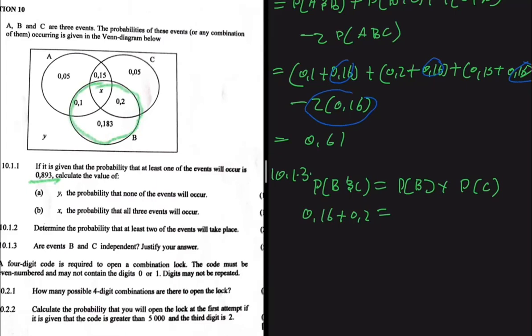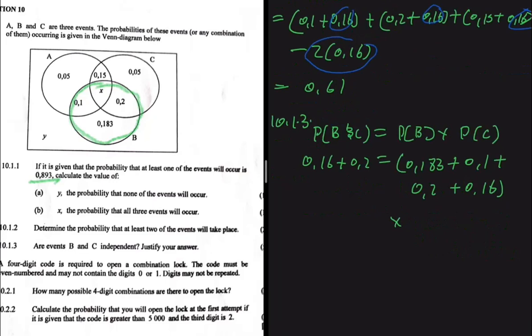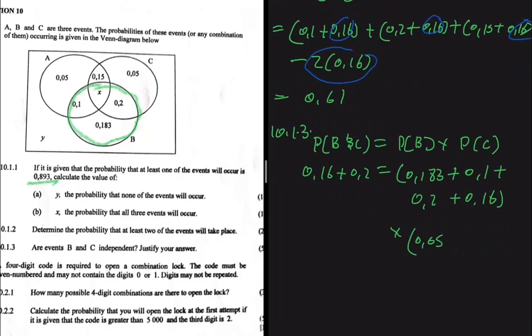So that will be 0.183 plus 0.1 plus 0.2 plus 0.16 multiplied by the probability of C. The probability of C will be everything in this circle here for C, right? 0.05 plus 0.15 plus 0.16 plus 0.2.